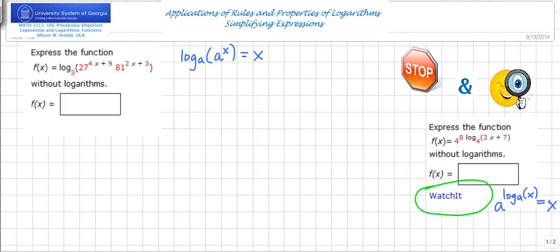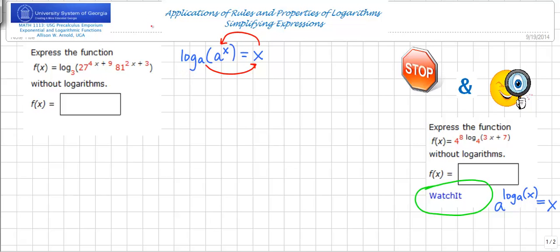So we know that if you have log base a of a to a power, the result should be the power, because a to what power is a to the x, and it checks. Okay, so that's one thing you could do.